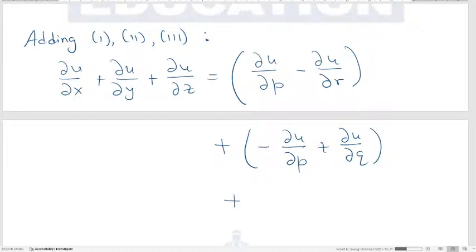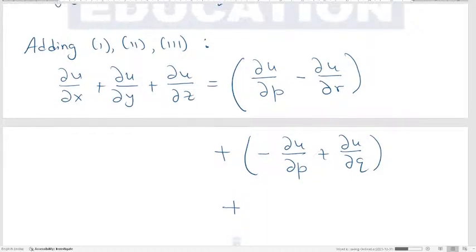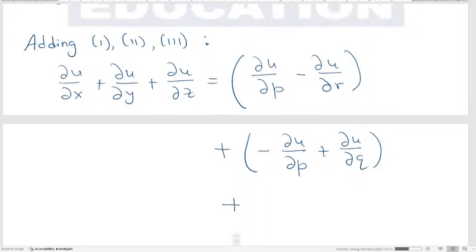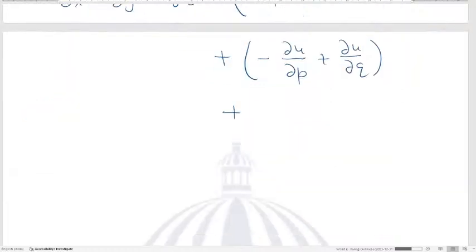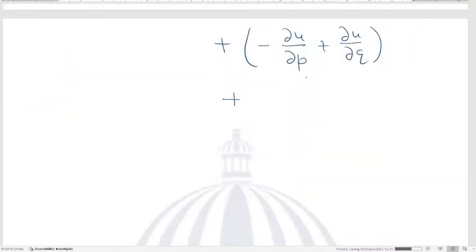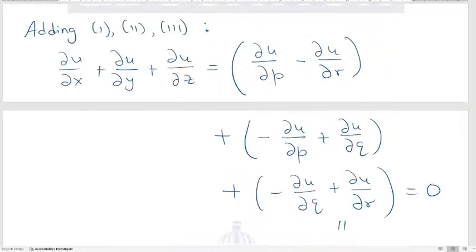Plus the final equation, equation 3, which is ∂u/∂z is minus ∂u/∂q plus ∂u/∂r. So this is minus ∂u/∂q plus ∂u/∂r. And ladies and gentlemen, we got 0, hence proved.